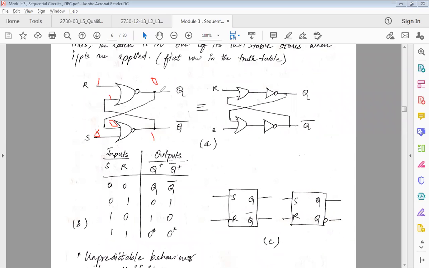So are we getting 0 and 1 here? Understood how we got 0 and 1, students? Is that clear?